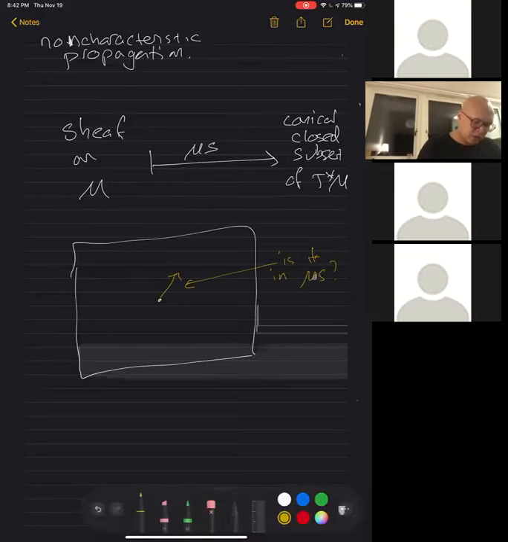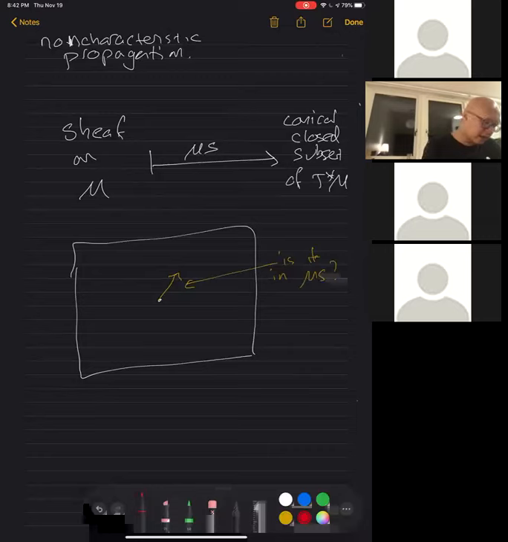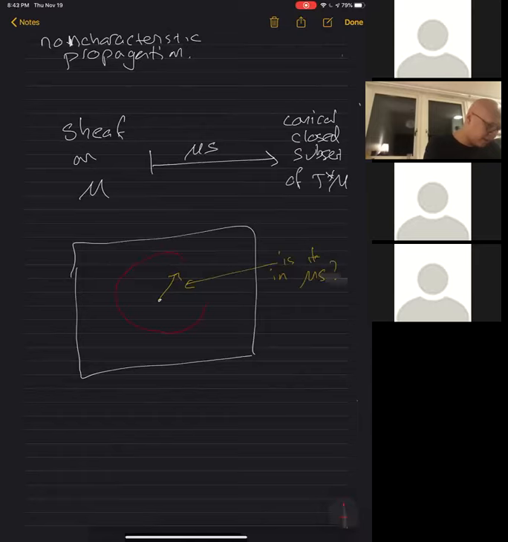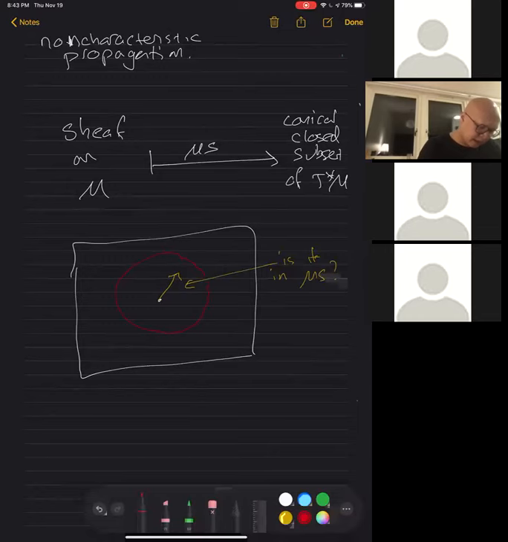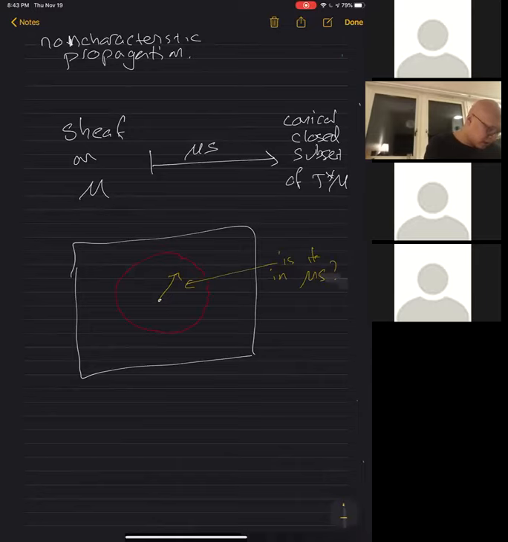And the way you study this question, what the definition tells you to do, is you make first a small ball around that point. So this looks like kind of a big ball, but you should think of it as a small ball. And you take, what a covector really is, it's really a foliation by hyperplanes, and you take that hyperplane.